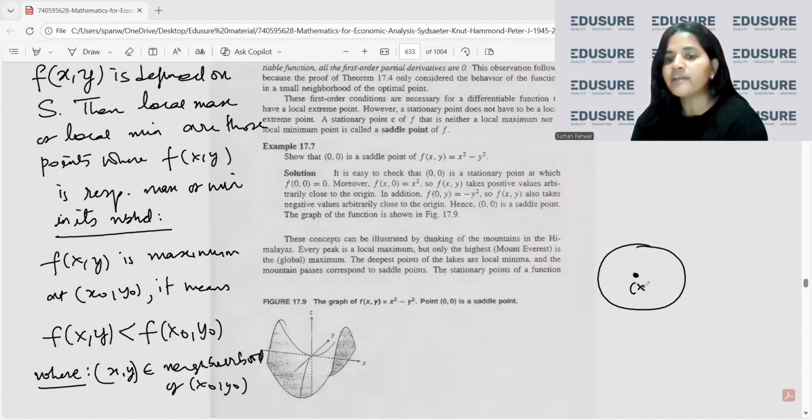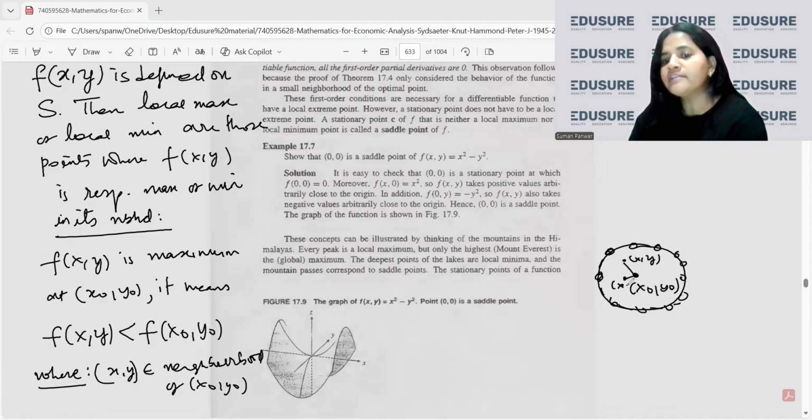How will my neighborhood look? We have already seen that I have to create an open ball, which does not include its boundary. So it is a boundaryless ball. The neighborhood is a ball centered at (x0, y0), and (x,y) is a point inside this ball.